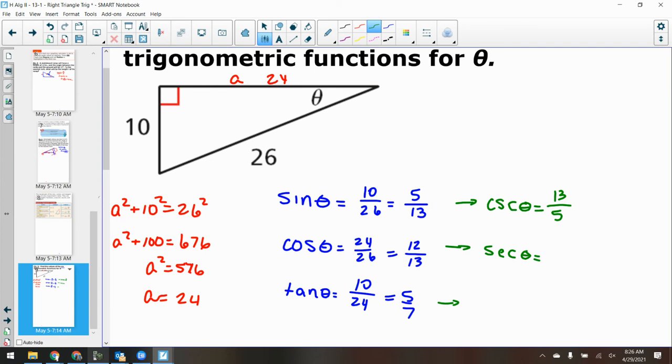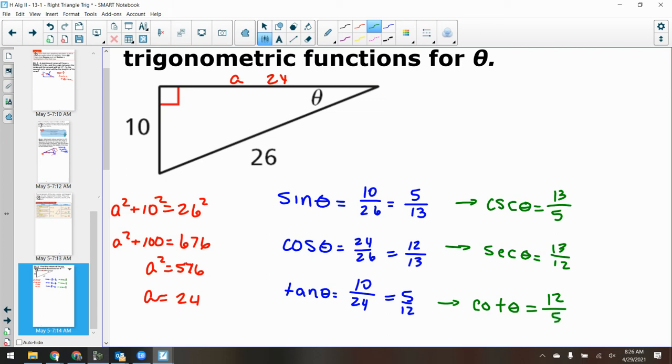How'd you get 5/7 from 10/24? 12, 5/12. Whoa, why did I get 7? Where'd that come from? That's weird. Okay, 13/12. And then cotangent of theta is 12/5.